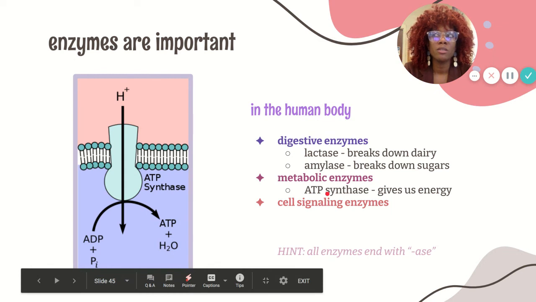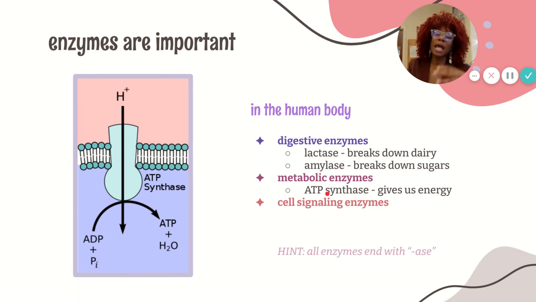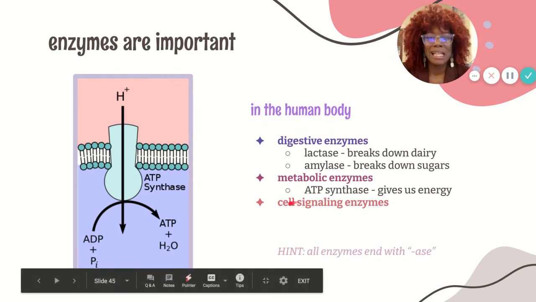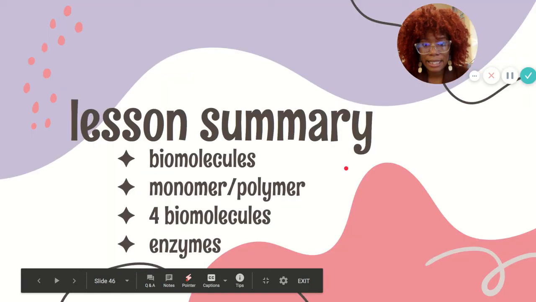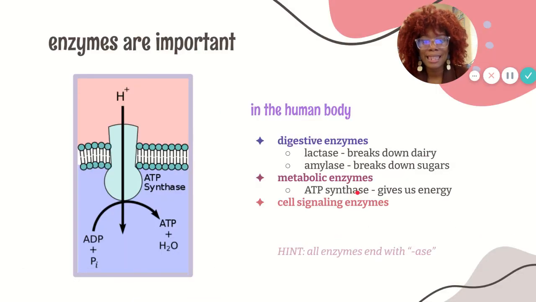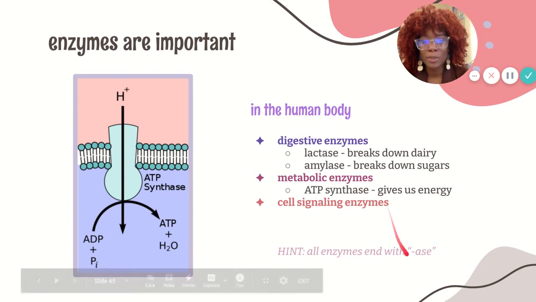So we have to eat food, and food is broken down through processes called cellular respiration, which ends up making ATP. We also have cell signaling enzymes. And one thing to know is that if you see a word that ends in -ase, for example lactase, amylase, ATP synthase, then it's going to be an enzyme.